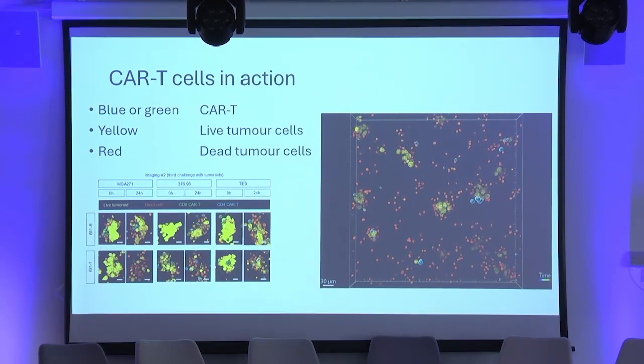And the reason you have this sort of before and after picture on the left is because you have got cells which have gone from yellow to red as they've died.